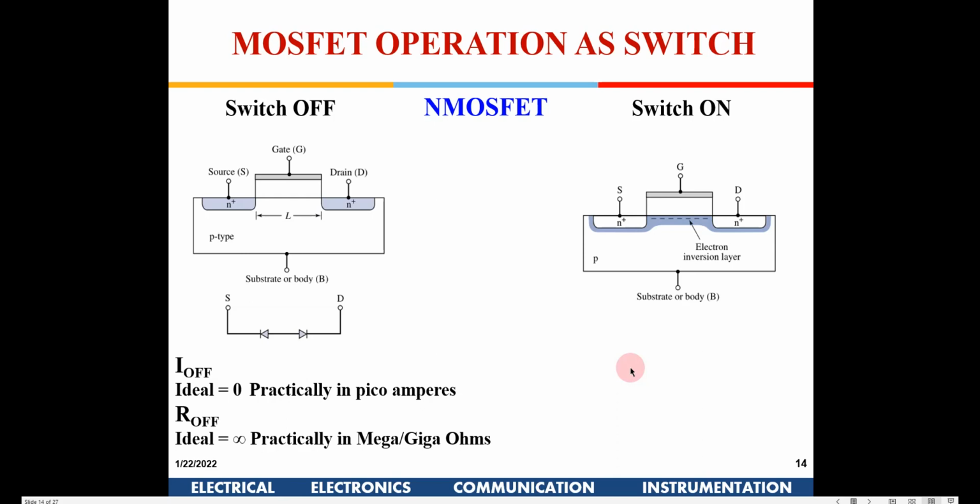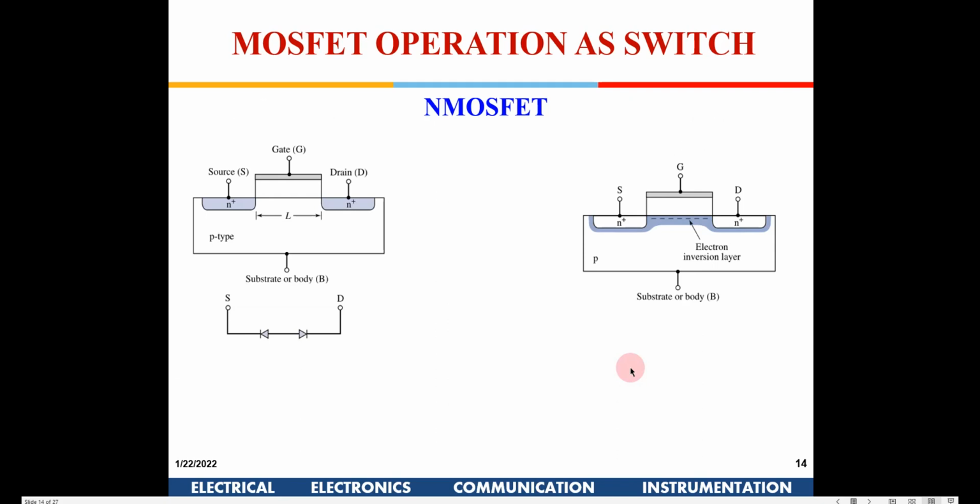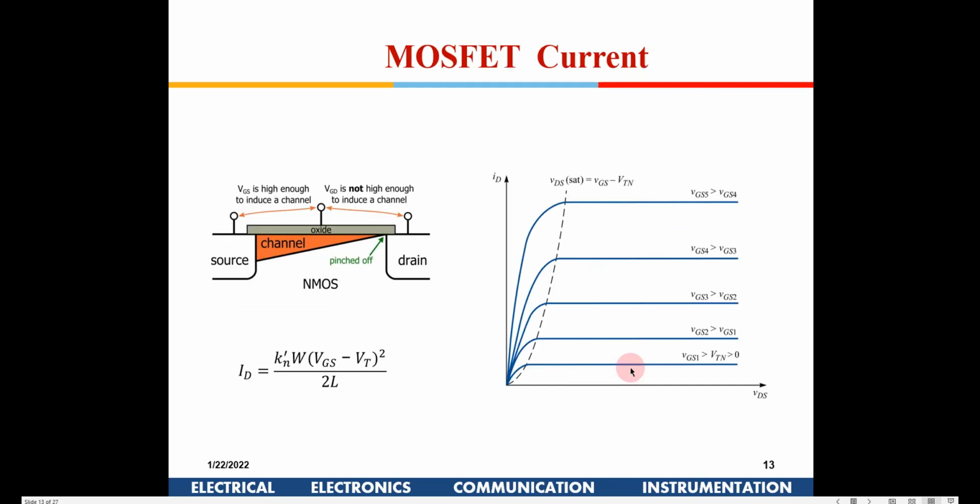If you increase VGS, will there be any impact on the VT? No. Threshold voltage is fixed. It is independent of that.